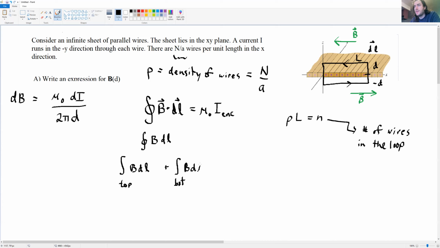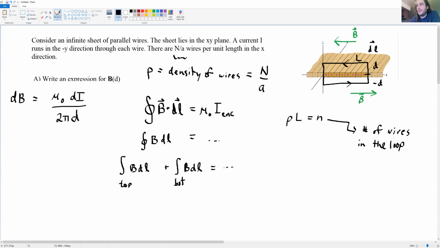But again, due to the symmetry that we have here, these two integrals are going to be the same. At the top, the magnetic field is just going to be pointing to the left. At the bottom, it's just going to be pointing to the right, because we have such a nice symmetry in this problem. It's an infinite sheet of currents, and so all the cross components are going to cancel out.